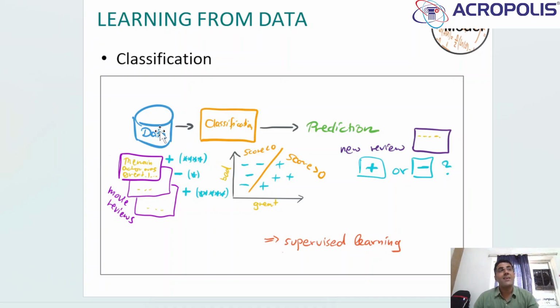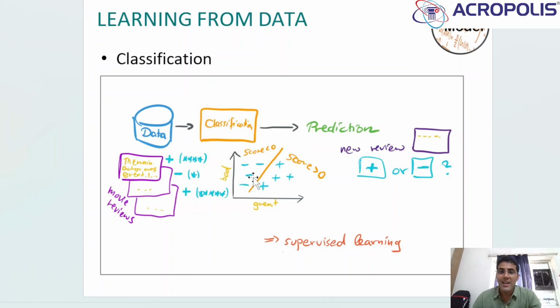Let's say we have a fruit class, or in this example, movie reviews. Reviews may be positive or negative. Based on the review, I can classify whether it is a positive or a negative review, right?